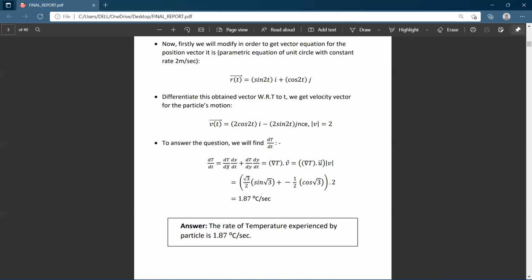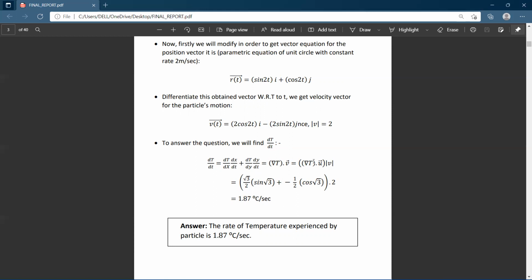T is a function of x and y, so we can write dT by dt as dT by dx into dx by dt, and similarly for y, which is nothing but the dot product of the gradient of T and the velocity vector. Now we want to find the change in temperature per second.